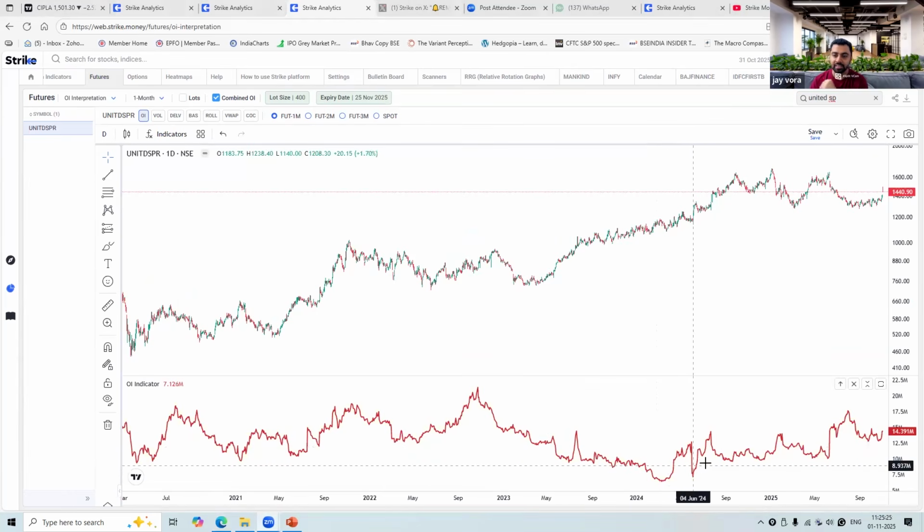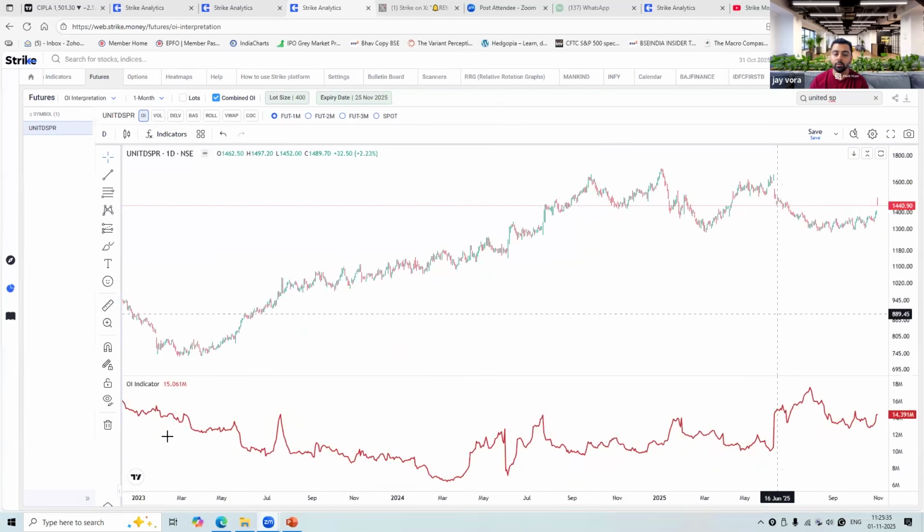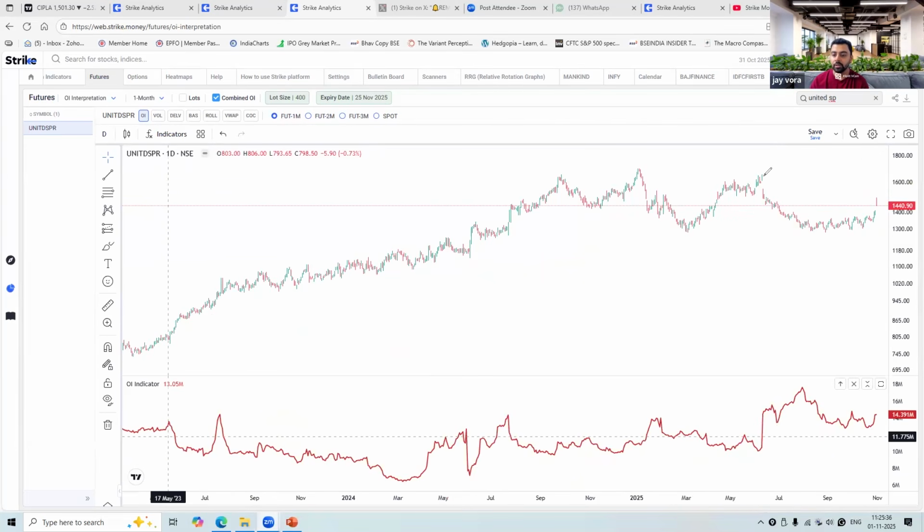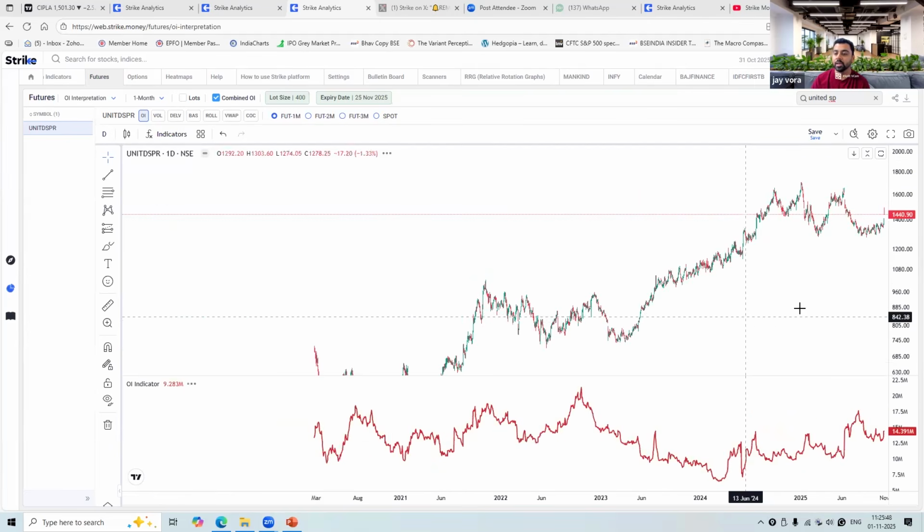It was not doing anything. Eventually, there was some trend pickup. But to be very honest, looking at the OI data, you wouldn't have picked up that the trend was very strong. The only thing that was very noticeable eventually was that when this decline started to happen, there was a significant surge in open interest.